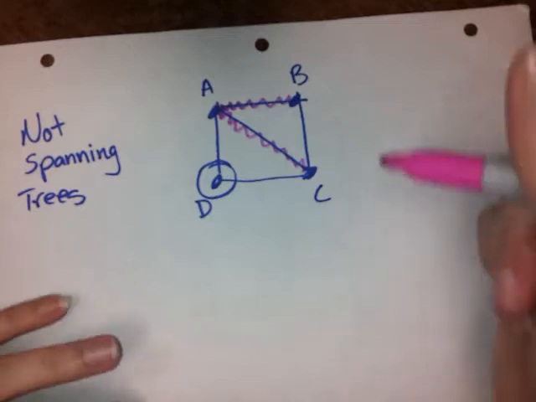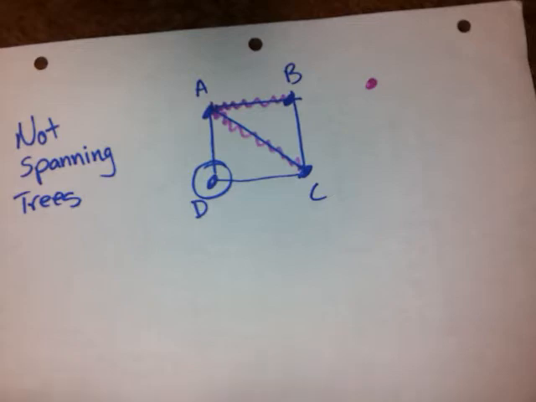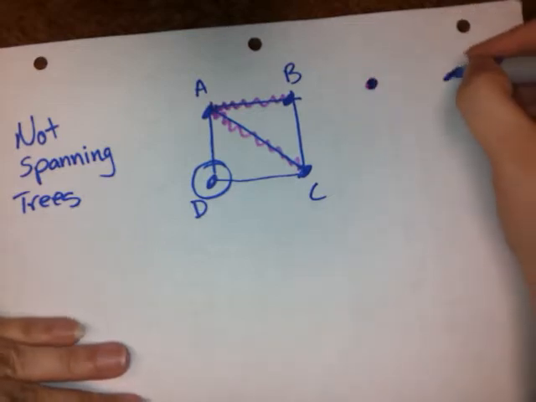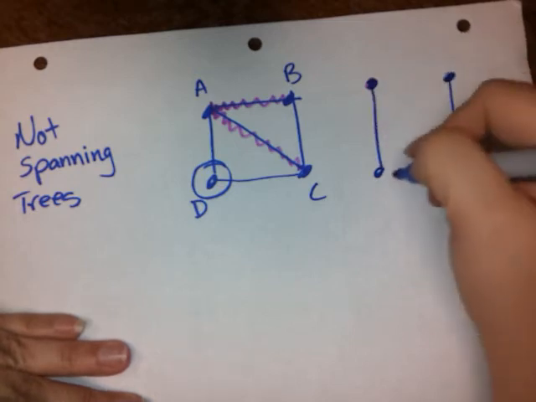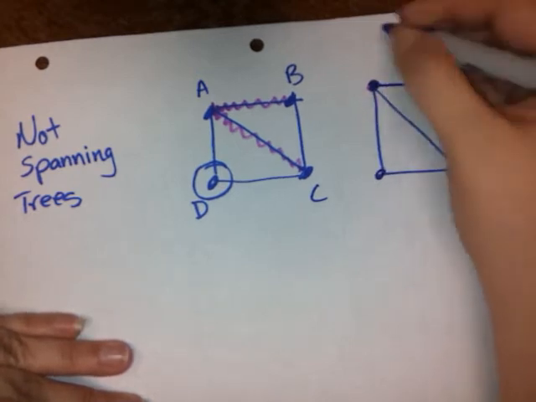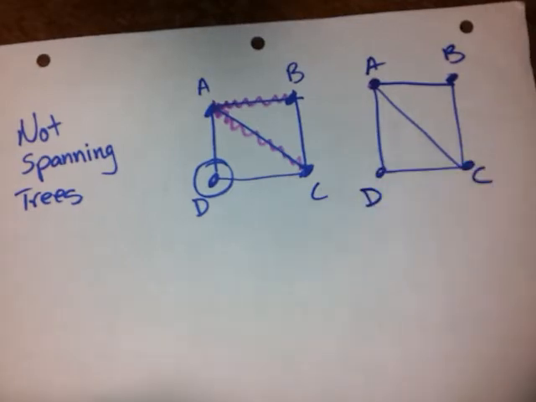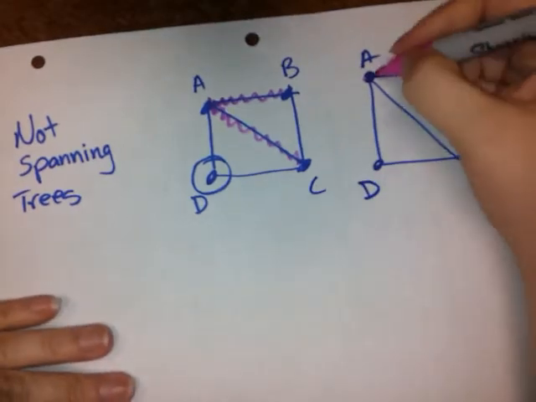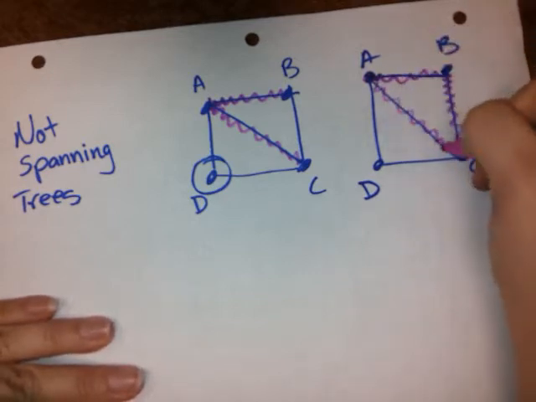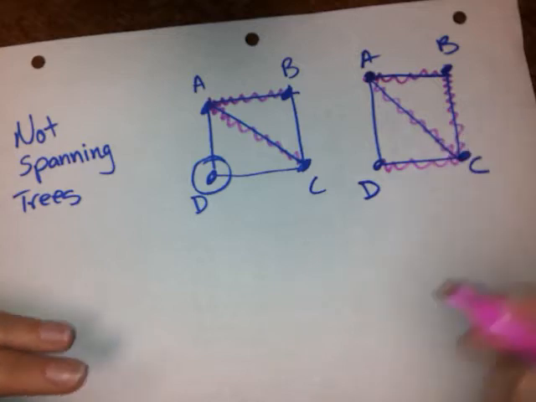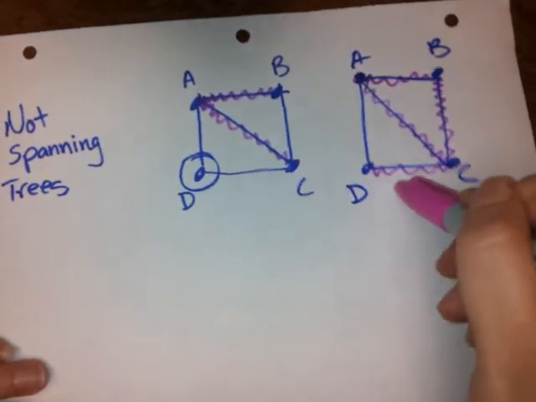Here's another example of something that is not a spanning tree of that same graph. A, B, C, D. Here, I'm going to go from A to B, B to C, A to C, and C to D. Does that reach every vertex of our graph? Yes, it does.